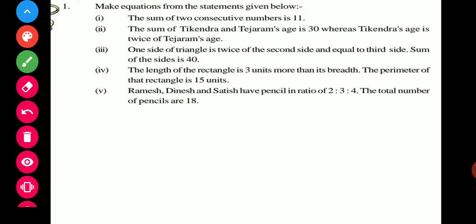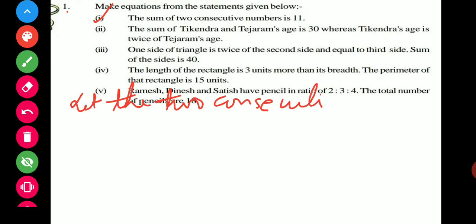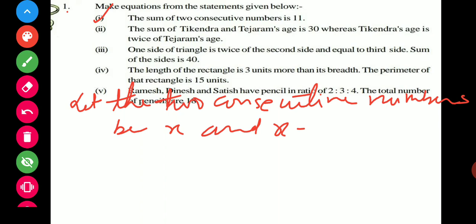So first of all, the first one, the sum of two consecutive numbers. So let the two consecutive numbers be x and x plus 1.